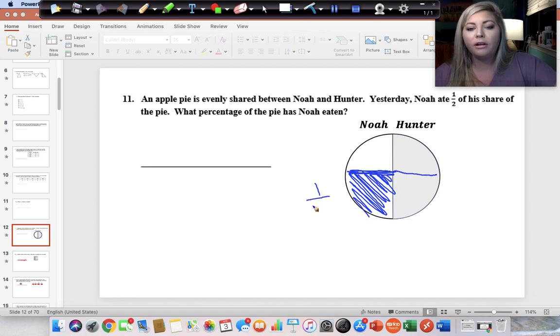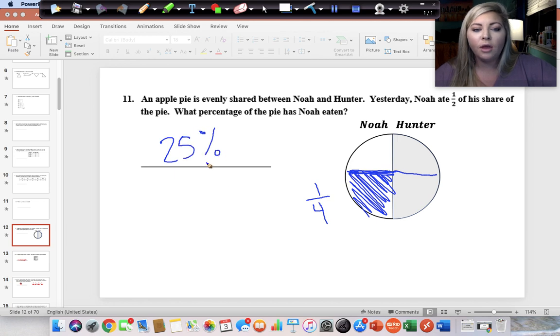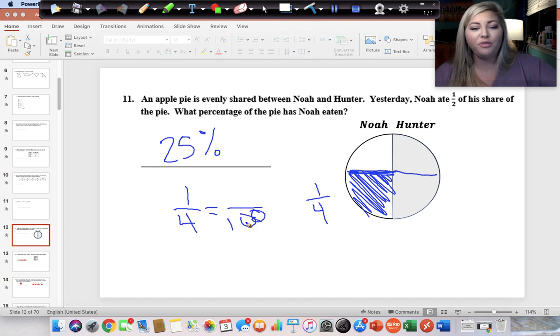So he ate 1/4, and 1/4 as a percentage is 25%. Remember, percents are out of 100. So if we were changing this to be over 100, we would need to multiply times 25 and multiply times 25. And that's how we get 25 over 100, or 25%.